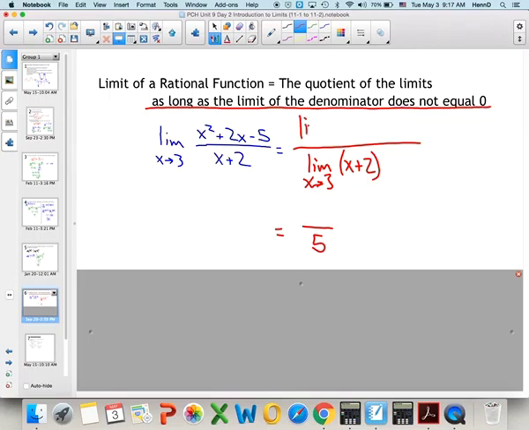The limit as x approaches 3 of x squared plus 2x minus 5. And what do we get with that? 9 plus 6 minus 5, which is 10. Good. So 10 over 5 equals 2. So this function right here is going to approach the value 2 as x is approaching 3.